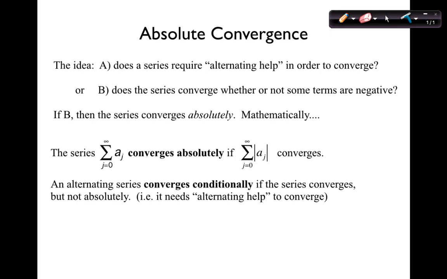Okay, so then if it's choice A up there, if it needs the alternating help, then that's what we call converges conditionally. The series converges, but not absolutely. That was idea A up there.